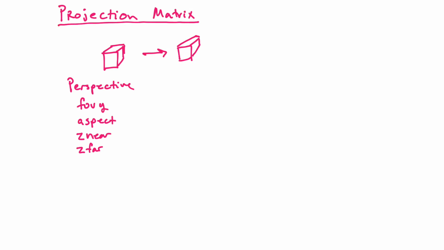So the formula for this particular matrix is, we'll just call this M perspective. We need to calculate this value F. So we'll say that F equals the cotangent of the field of view over 2.